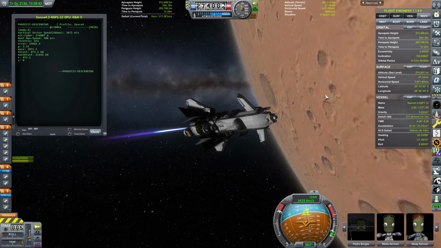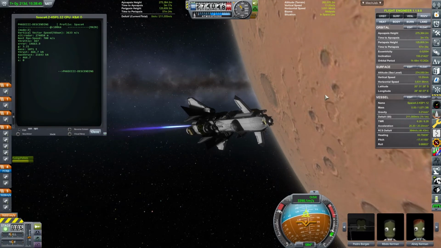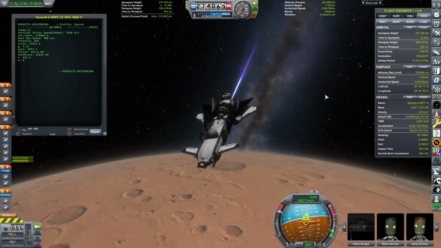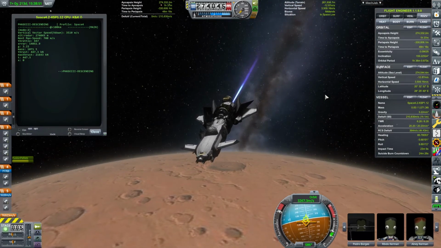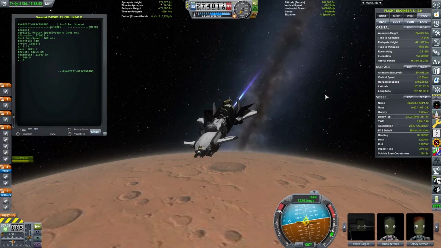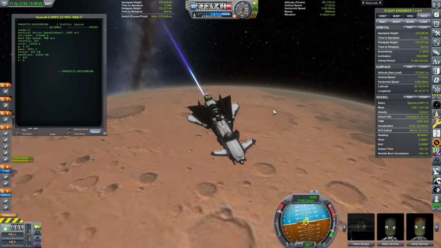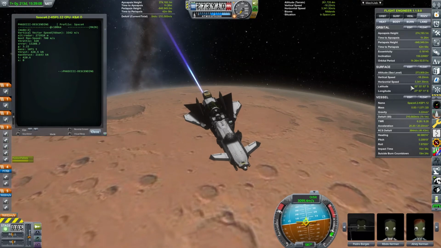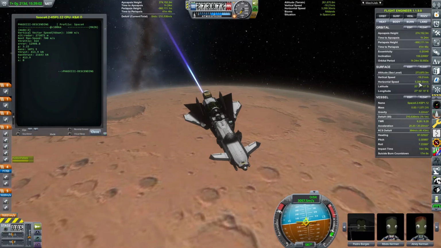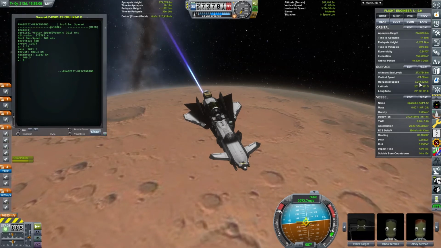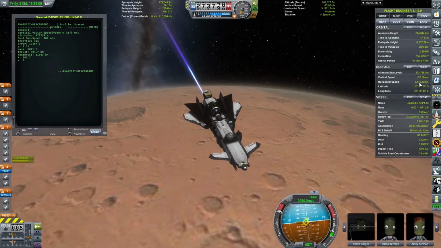So now we are starting the landing phase. We are in phase 3, which is called the descending phase, where the most important goal is decreasing the horizontal speed, because we are passing from an orbital trajectory to a suborbital trajectory.